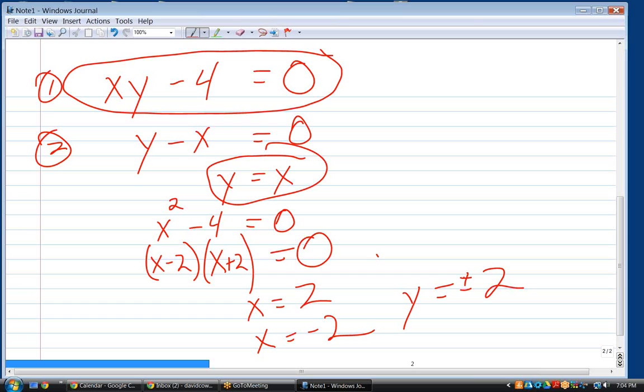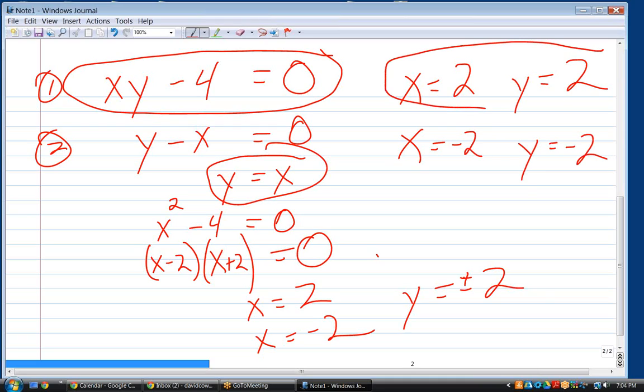So I can't just say x is plus or minus 2 or y is plus or minus 2. I have to say that x could be 2 and y would be 2, or x could be minus 2 and y could be minus 2. So really those are your two solutions.